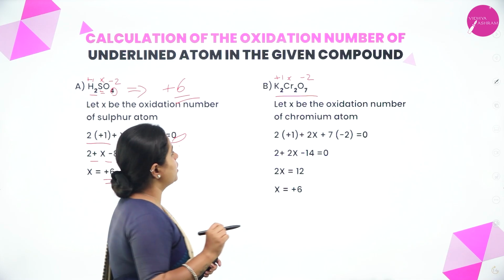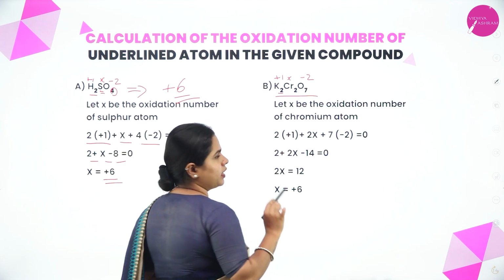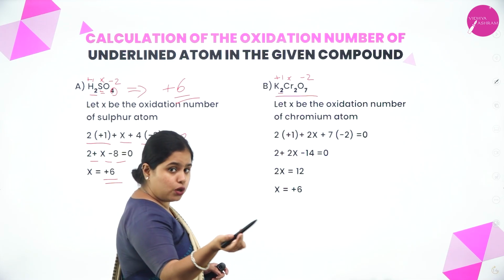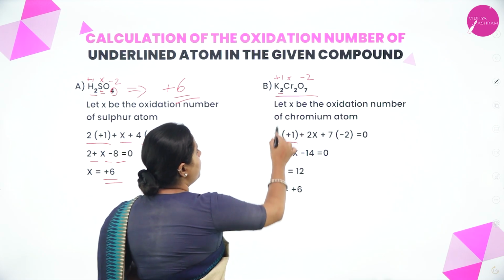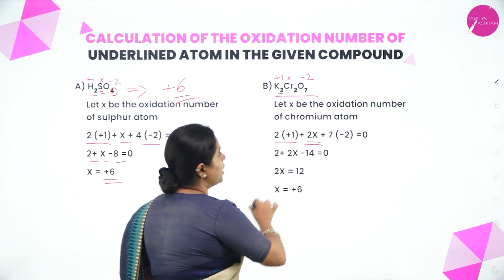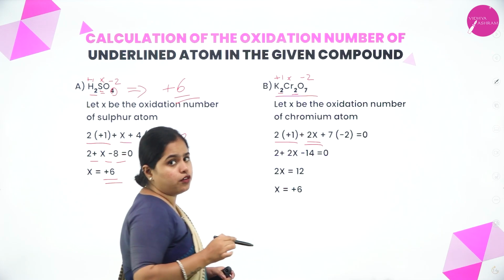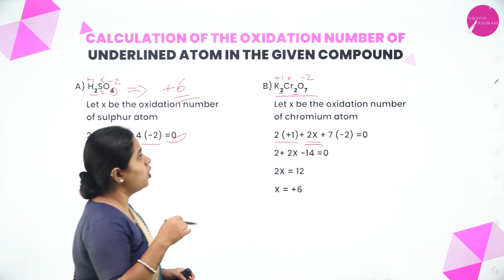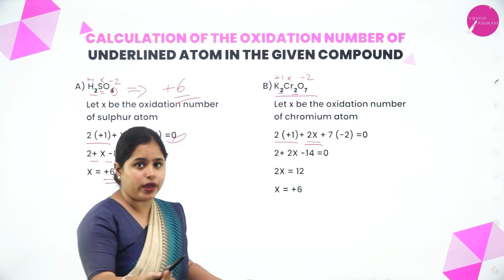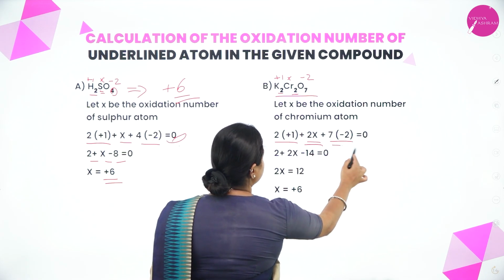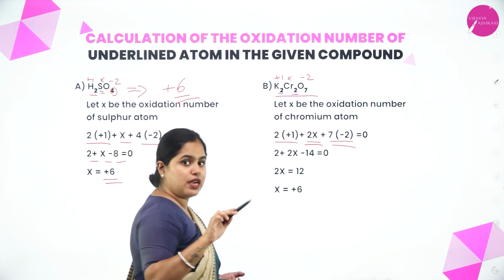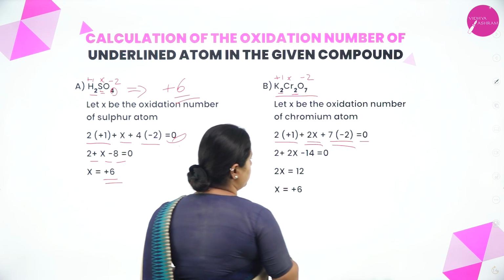So now let's start calculating. How many atoms of potassium are there? 2. So it is 2 into plus 1. Plus, why have I written 2x here? Again, you have 2 atoms of chromium here, it's not just 1. So instead of taking x, you have to take 2x. 2x plus 7 into minus 2, as there are 7 atoms. Again, it will be equal to 0.